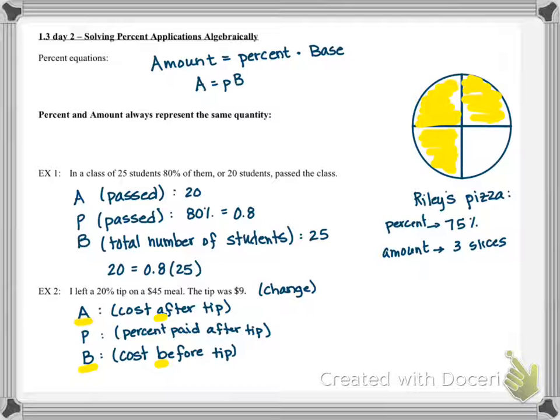So what is the cost after the tip? $54. And the price before the tip was $45. What percent of the price before the tip am I paying in total? Do I pay 4% or 20%?